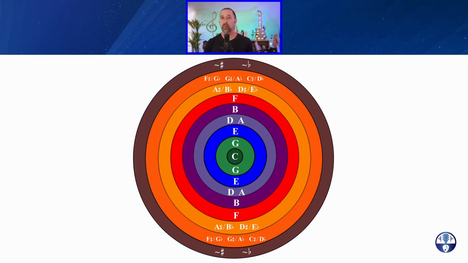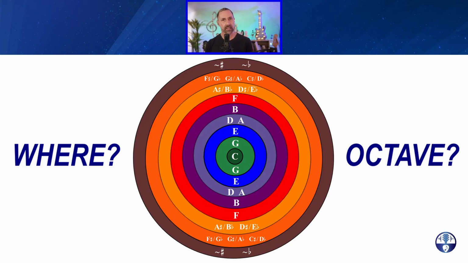Now, when it comes to the principle of getting really detailed with the application of one specific idea, consider this. I didn't say anything in the previous episode about where the notes in this diagram are actually played on the fretboard. I also didn't say anything about what octave or what register the notes in this diagram are played in.